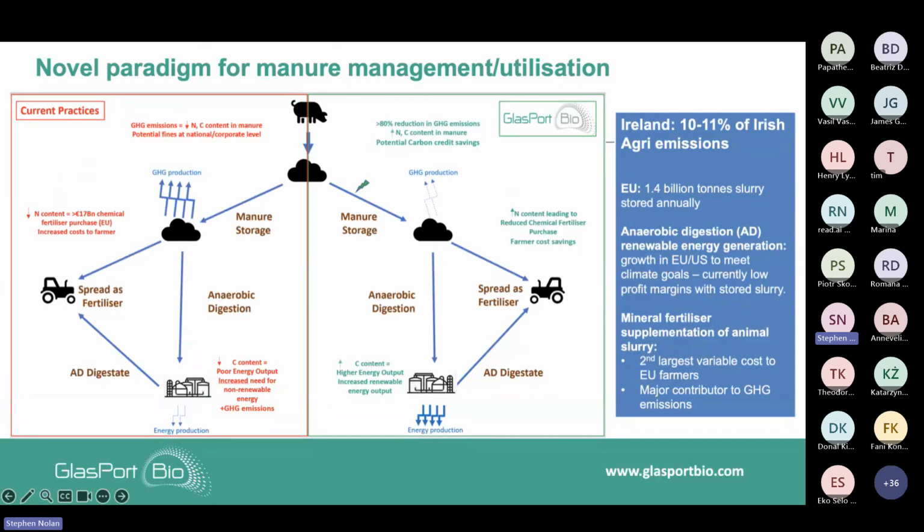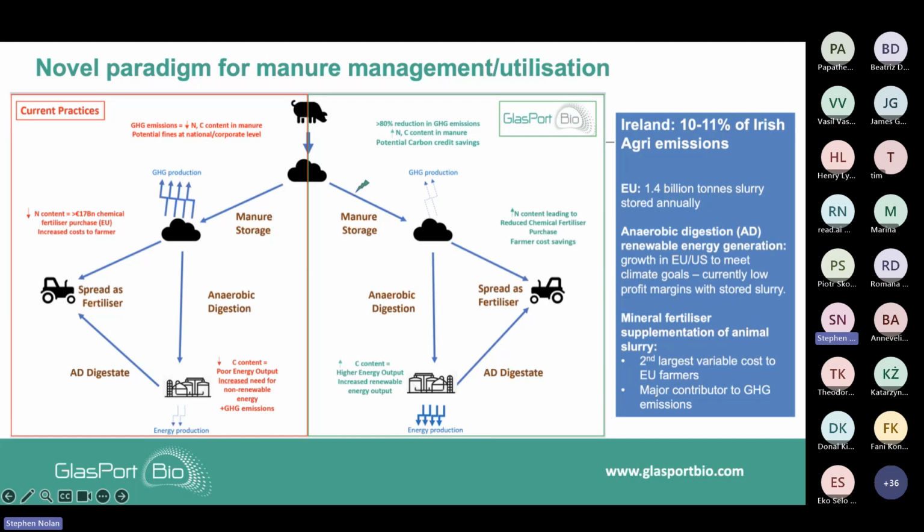So you might know some of the stats on slurry in Ireland and more broadly in the EU. About 10 or 11% of greenhouse gas emissions from agriculture come from stored slurry. That slurry sits in a tank, and during storage it's releasing gas, and then it's downstream either used for anaerobic digestion or it's used as fertilizer.